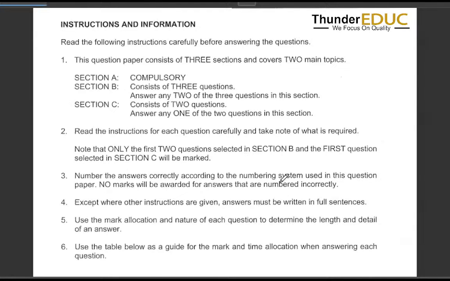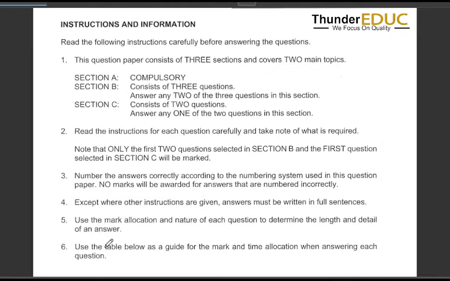Like I did explain this. Okay, right. So now moving on to instruction number 4, except where other instructions are given, answers must be written in full sentences. So now no abbreviations are expected from you. Okay, right. So now also use the mark allocation and nature of each question to determine the length and detail of an answer.